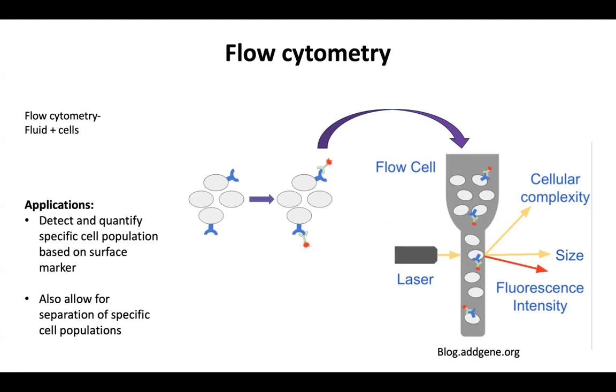So besides just detecting the cells, there are different modifications of flow cytometry. These modifications allow you to actually separate out the cells that have the marker of interest, the cell of interest, out of that whole population. And sometimes people can culture those cells or study that cell specifically.